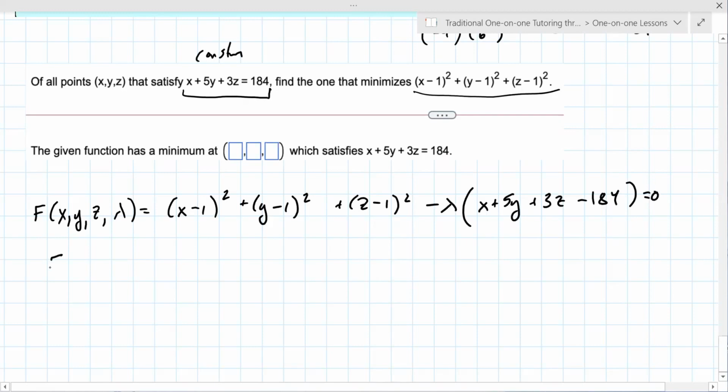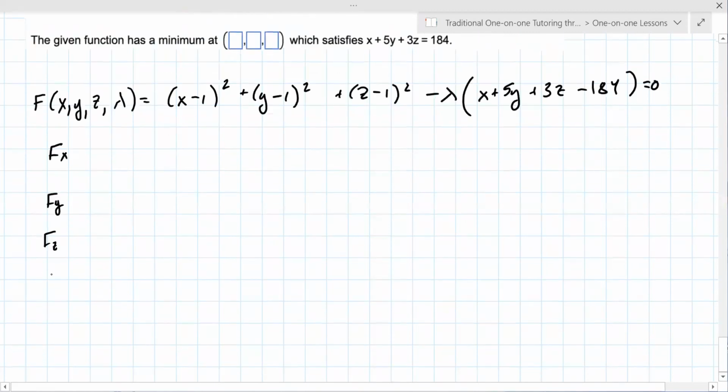And this time you have to take fx, fy, fz, and f lambda. So there's 4 derivatives you have to take. For fx, it's just power rule. So it's 2 times x minus 1 minus lambda. The only thing in here with an x in it is the first term, so not too bad, and you're setting this equal to 0.